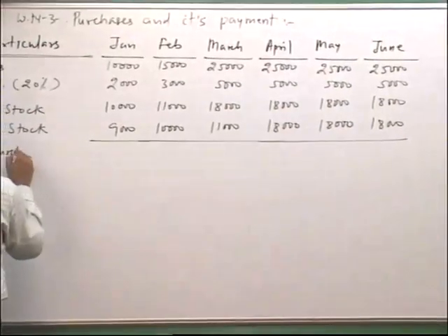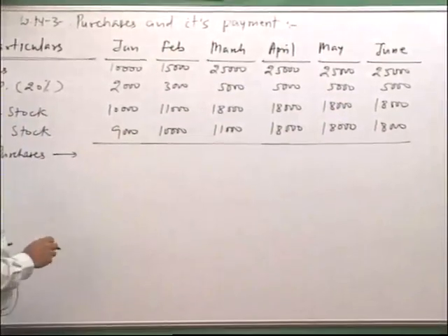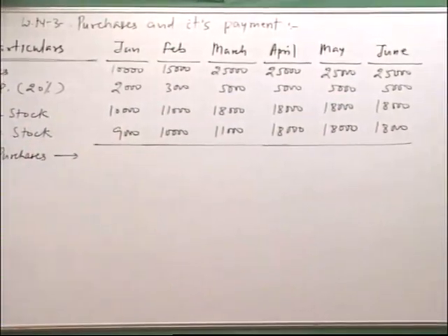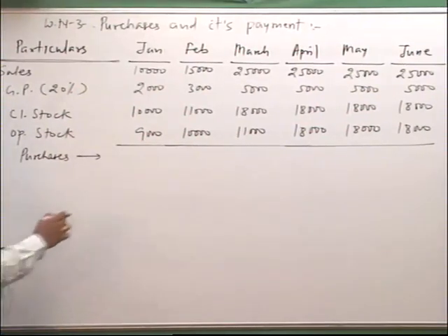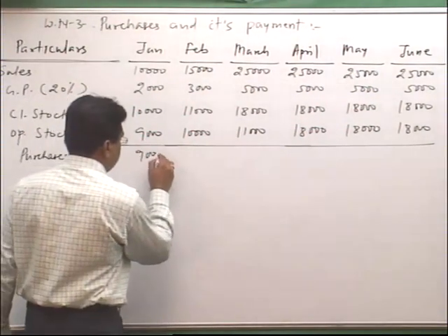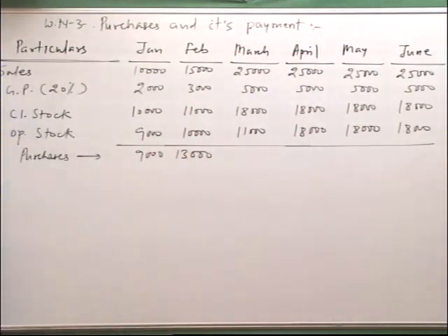So it will give you purchases. Now please find out purchases. The last figure, it is 9,000, 13,000, and then 27,000 and then 20,000.